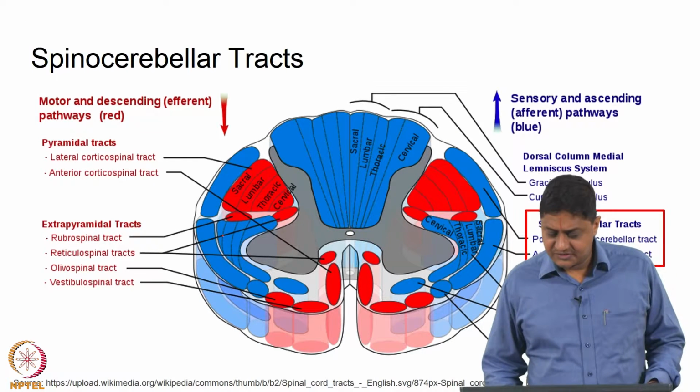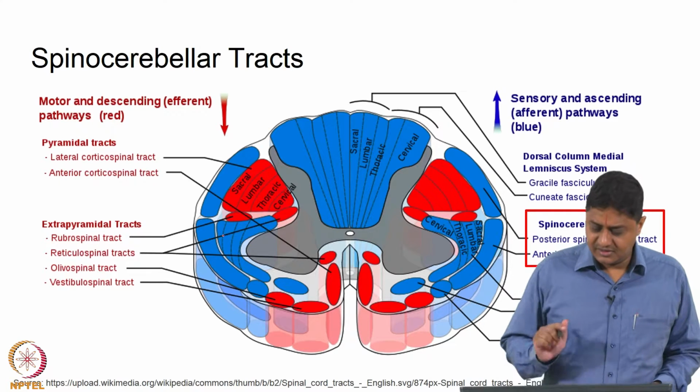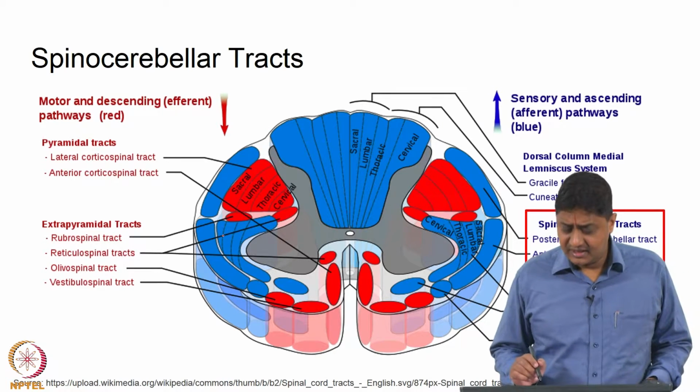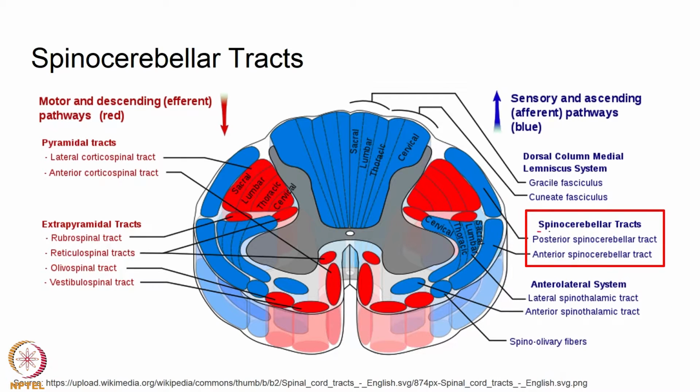So what are the spinocerebellar tracts that we are talking about? What is presented here is one representation of multiple inputs and outputs. Here we are concerned only about the spinocerebellar tracts. This is the posterior spinocerebellar tract, and this is the anterior spinocerebellar tract.